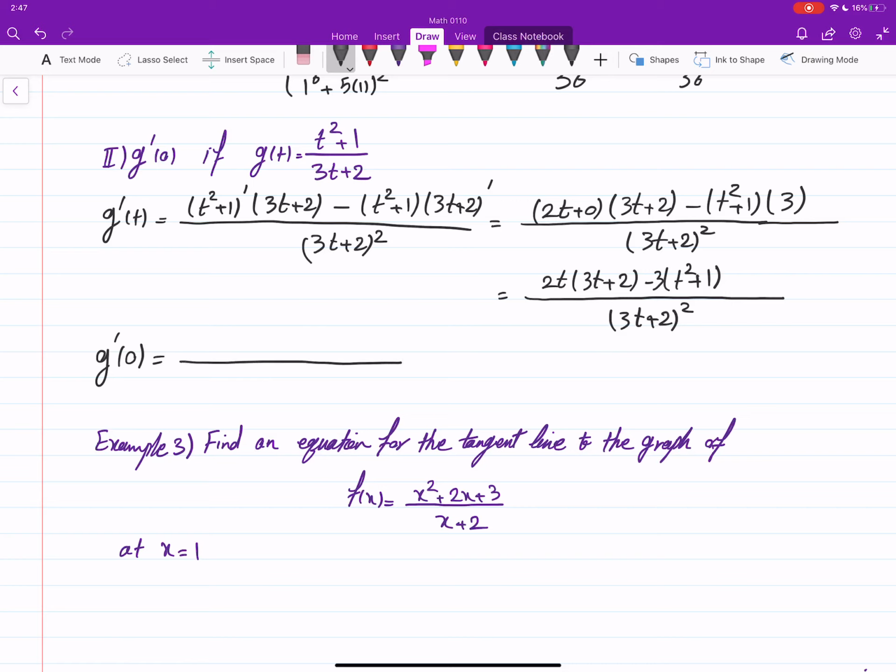It means that for all t's, you plug in 0, over 3 times 0 plus 2 squared. This gives us negative 3 in the numerator, and 2 squared in the denominator, so the derivative of g at 0 is negative 3 over 4.